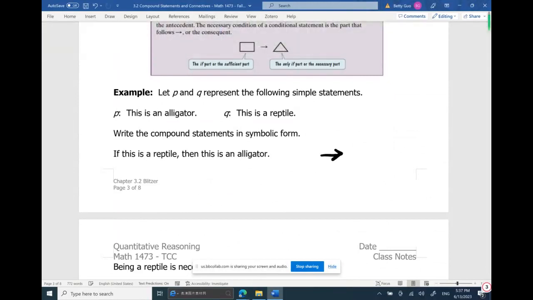The one that follows "if" is going to be the antecedent. This is a reptile, Q. The statement that follows "then" is the consequent, P. This is an alligator. So Q implies P. If this is a reptile, then this is an alligator.